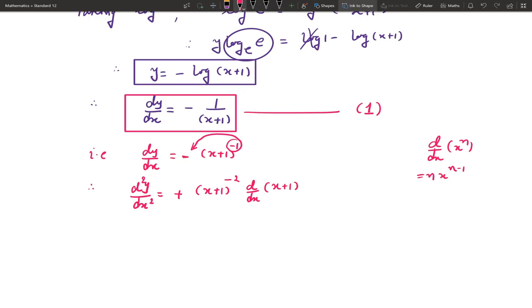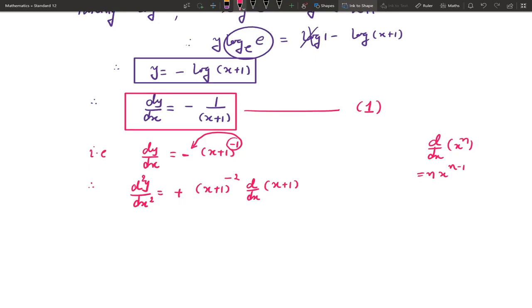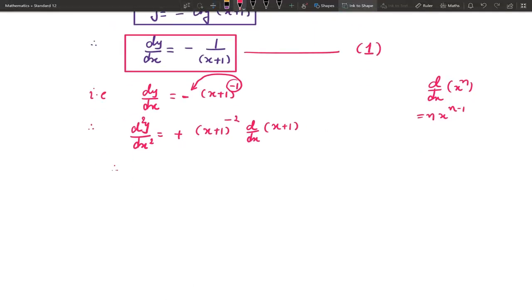Therefore d2y by dx2 equals, this derivative is 1, and this is 1 upon (x plus 1) square.